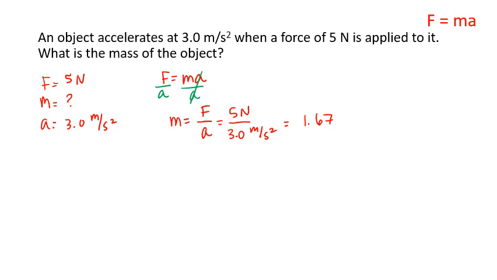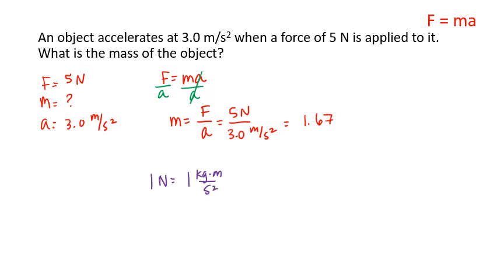Now, in terms of units, you may be wondering, well, how does a newton cancel out with a meter per second squared? The easiest way to think about this, okay, remember 1 newton equals 1 kilogram times meters per second squared.